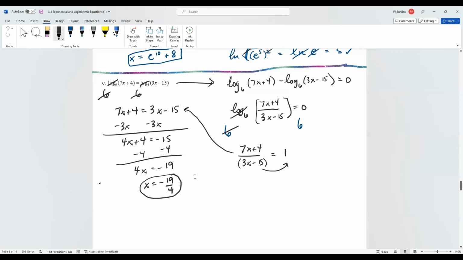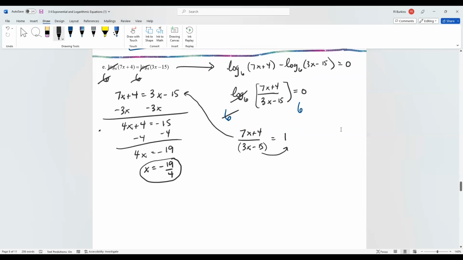Let's go ahead and see if this answer is viable now by plugging it in. So I have log base 6, 7 times negative 19/4 plus 4 is equal to log base 6, 3 times negative 19/4 minus 15.